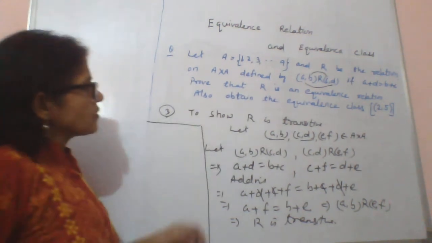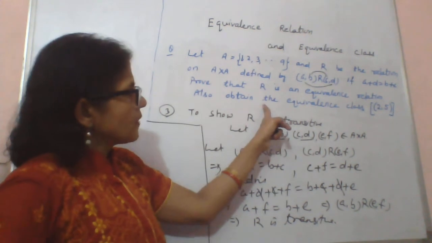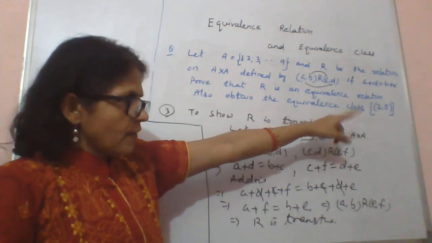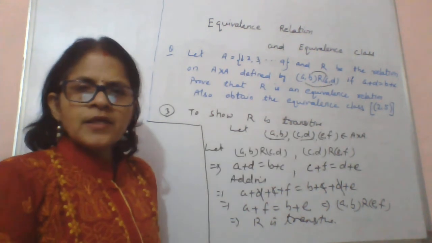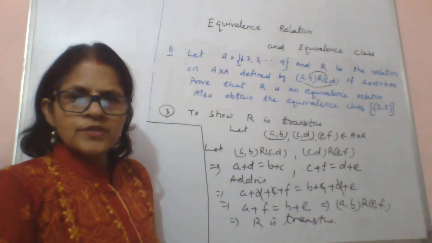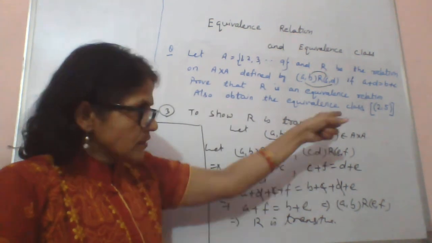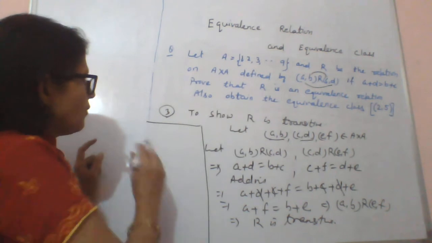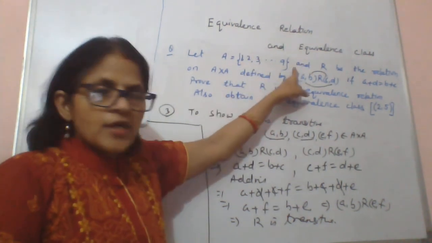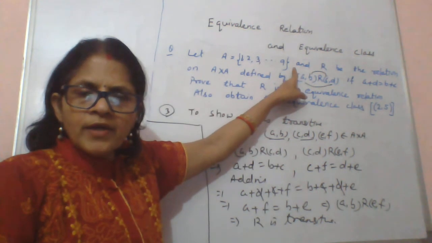Okay, next the second part is to obtain the equivalence class of the ordered pair (2, 5). So it means you have to find all the ordered pairs which are related to this ordered pair (2, 5). Now we have 9 elements here, and A Cartesian product A will contain 81 elements.